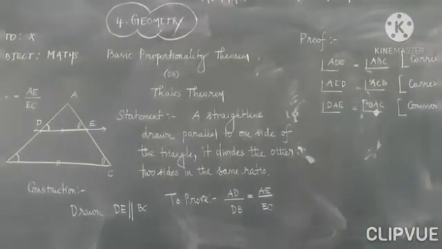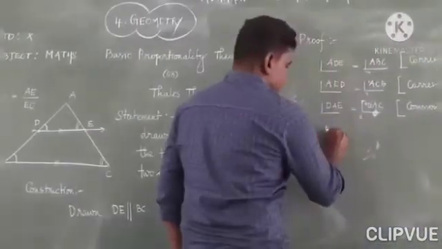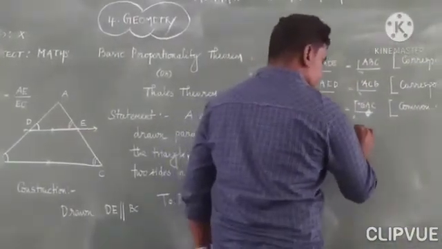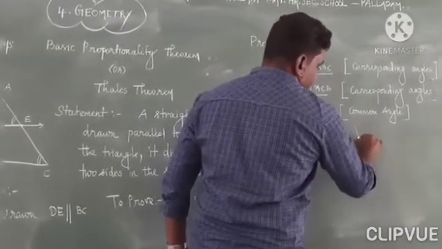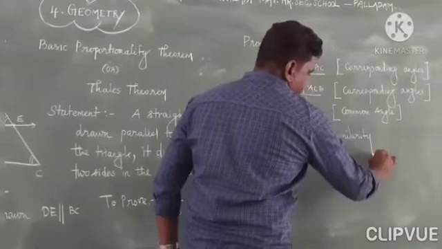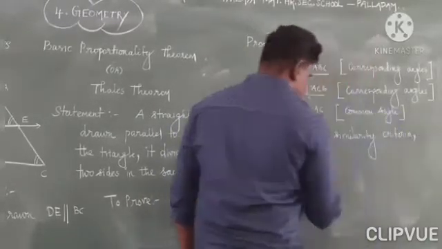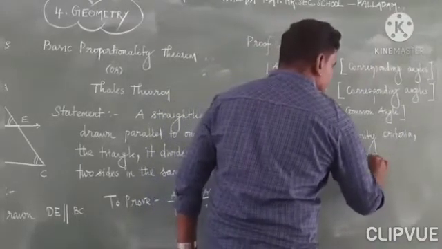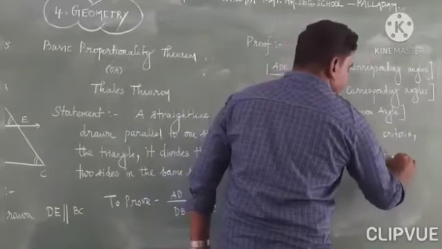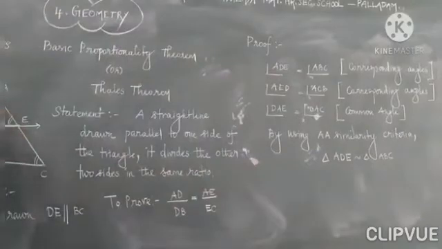By using the angle similarity criteria, I am going to say the two triangles are similar. What are the two triangles? By using the angle similarity criteria, triangle ADE is similar to triangle ABC.